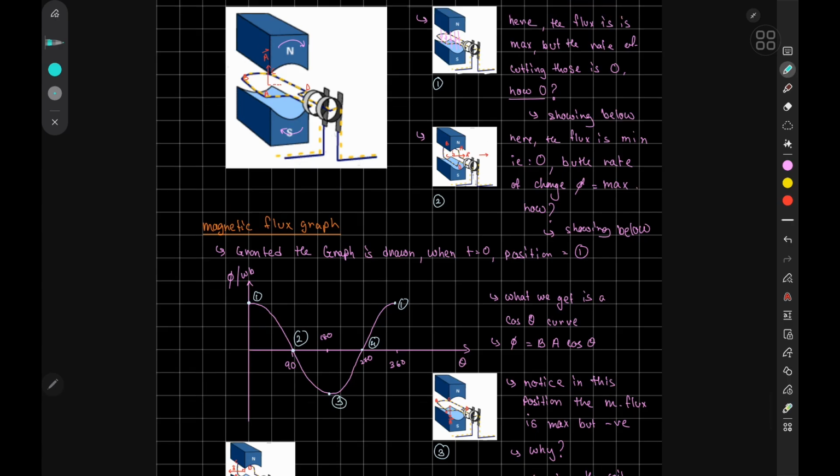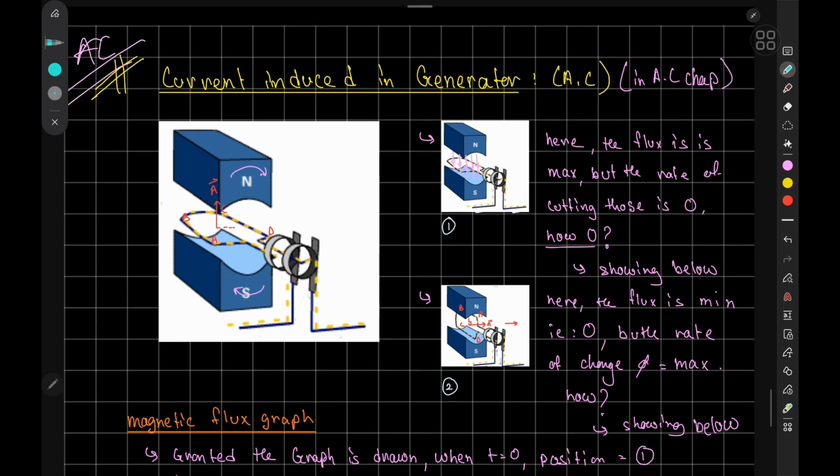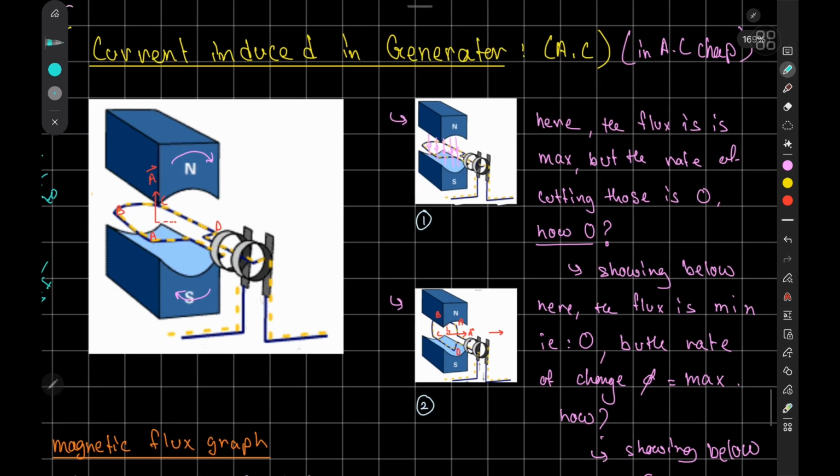I'm going to show you how this entire AC is generated, and I'm going to go bit by bit. Let's see how you get that alternating current. Again, this is induced current due to change in magnetic flux, that is, del phi by del t. So with change in magnetic flux with respect to time, you have a current induced. Now why does it alternate? Let's see.